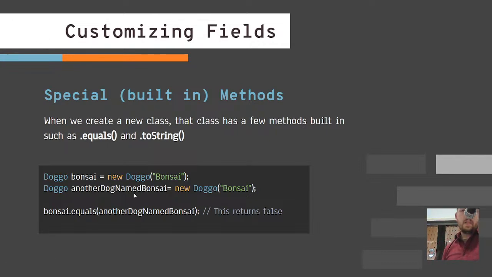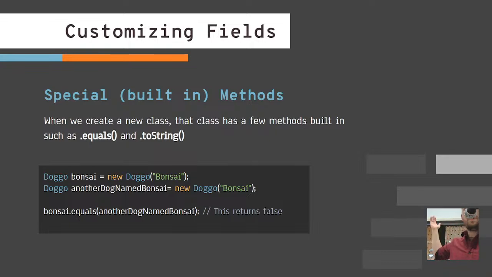So if we were to access the toEquals method, let's look at this example right here. This is pretty interesting, at least to me. We have an instance of the Doggo class, and we're passing it the string bonsai. So its name value is bonsai. We create another instance of the class, another object, the exact same way, and we call it bonsai as well. You would think that these two objects would be the same.